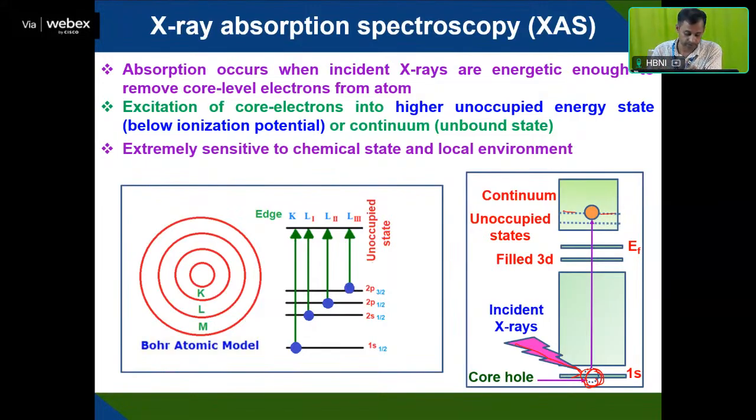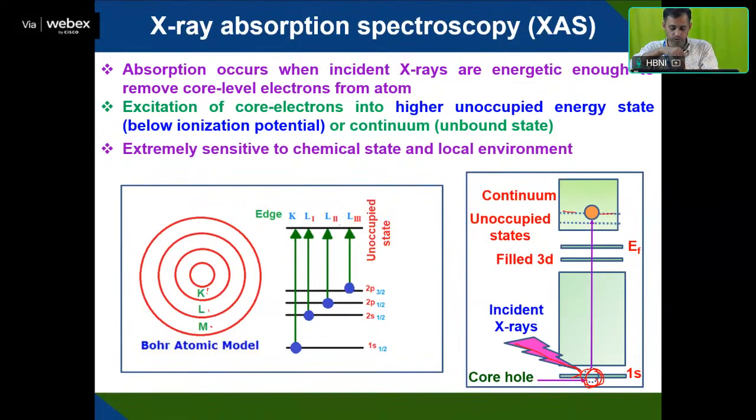That bears more information. You can see here the K, L, M shells based on the Bohr model. For the K electron, 1s2, the transitions K, L1, L2, L3 are named differently.